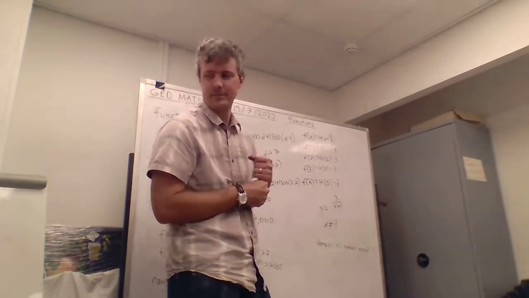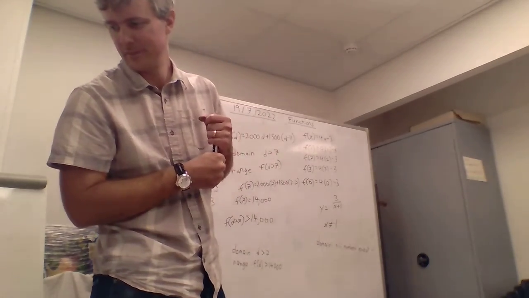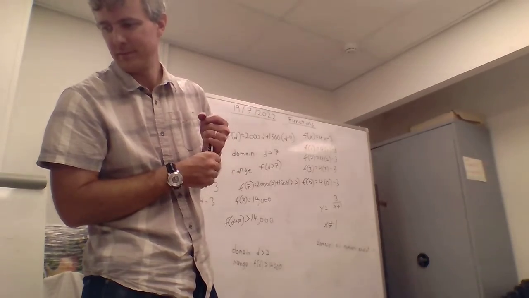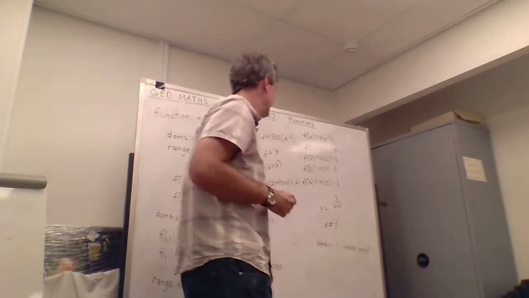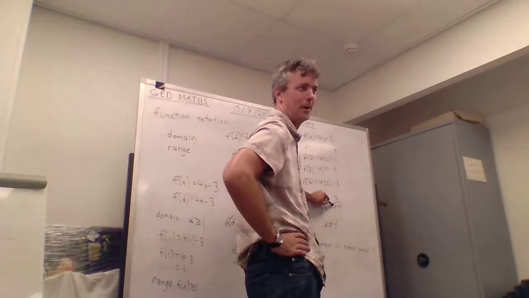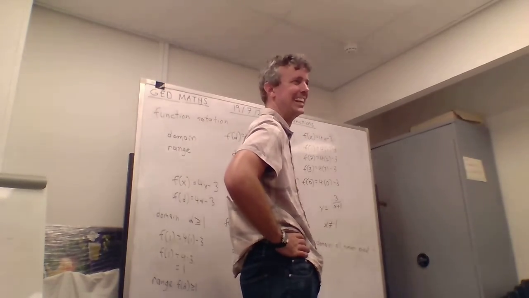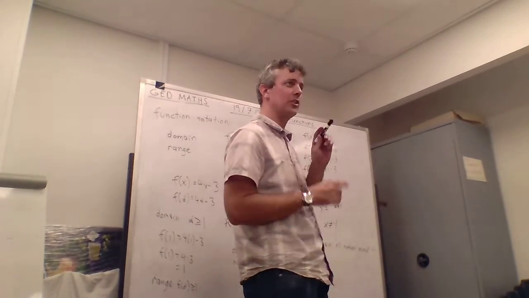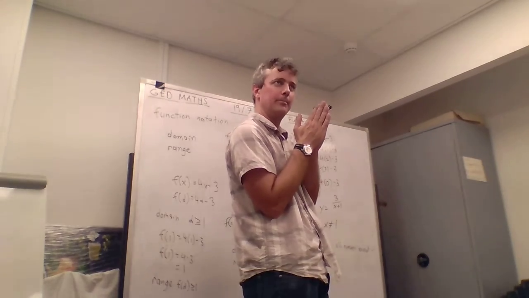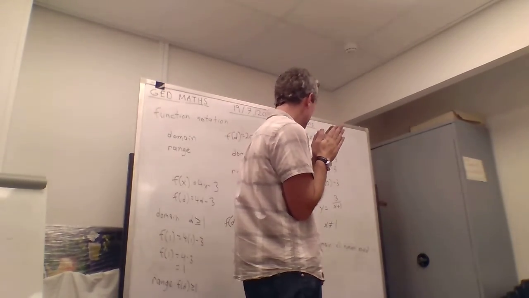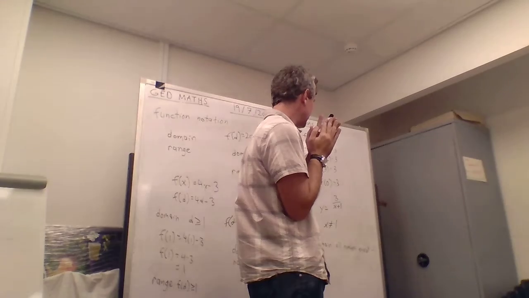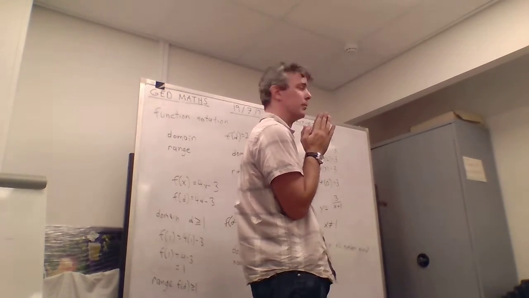All numbers. So we put minus 1 in here, we're going to have a problem, right? However, what we can do is, if we're getting close to it, basically, the range is going to be all numbers.